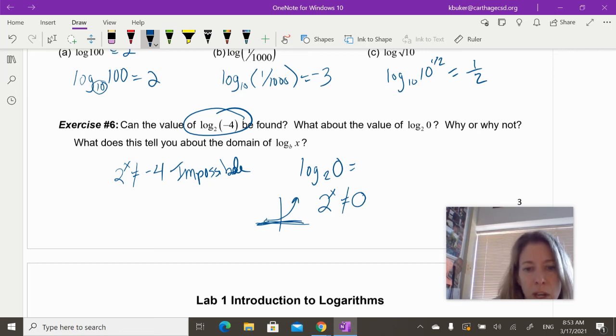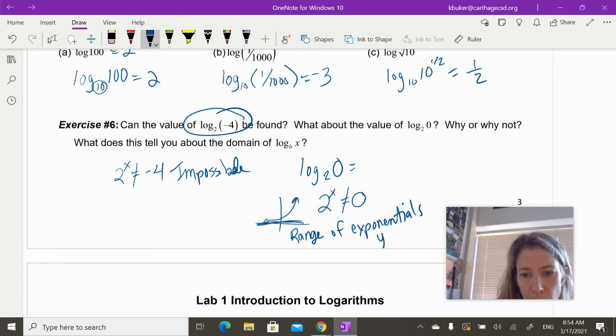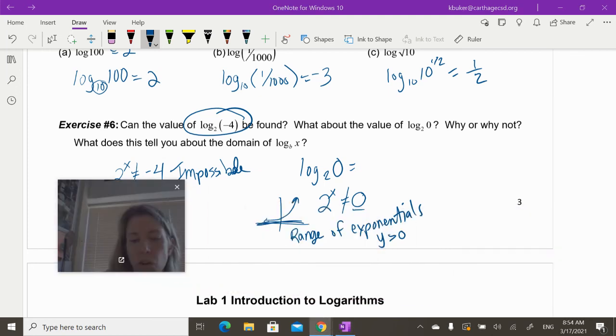Okay, so since the range of exponentials, what's true is y has to be greater than 0. Okay, it can't equal 0. It has to be a positive value.